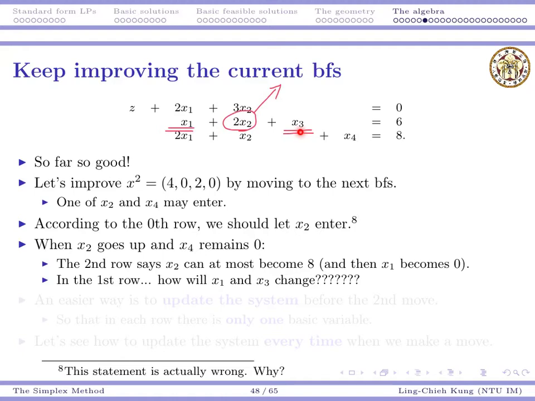Actually, we know that because the second constraint uniquely defines what's going to happen to x1. When x2 goes up by 1 unit, x1 must go down by 1/2 unit. And that will tell us that x3 should also go down by 3/2 units. But that's somehow complicated, right?